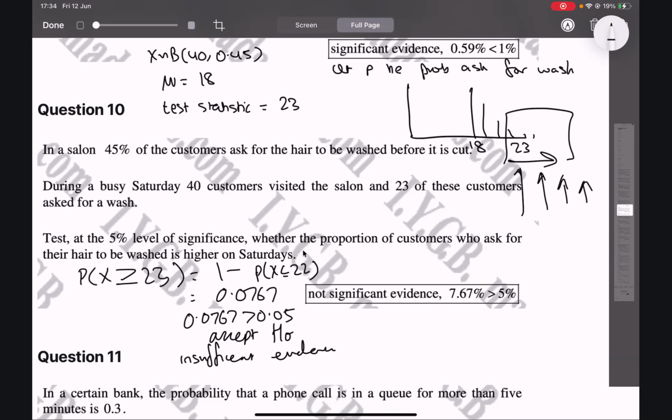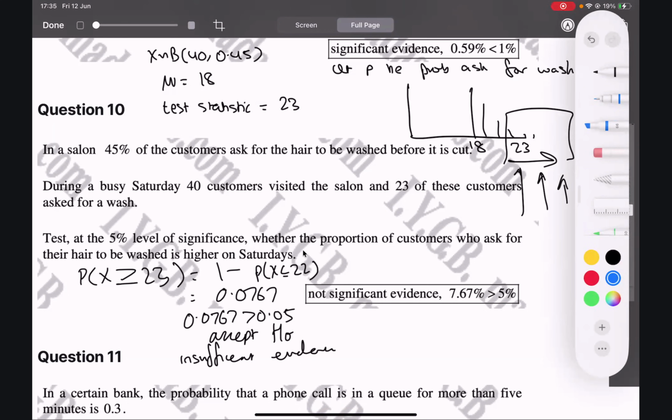Realistically, we were expecting there to be 18 people asking for a wash. 23 people asked for a wash. That's not that rare according to our model. There's a 7.67% chance that would have happened. So there's no need to update our model. Our model's fine.